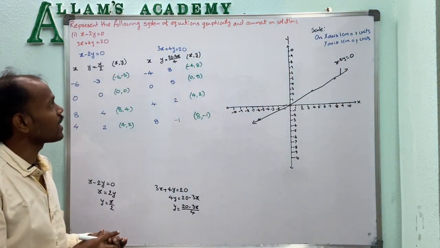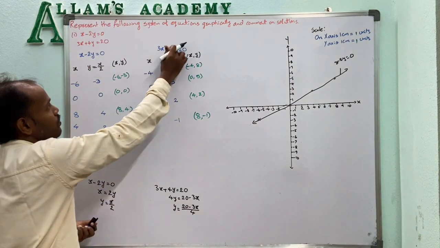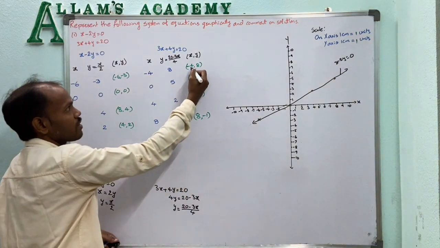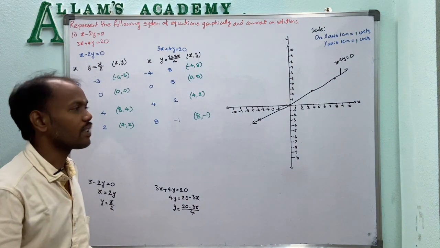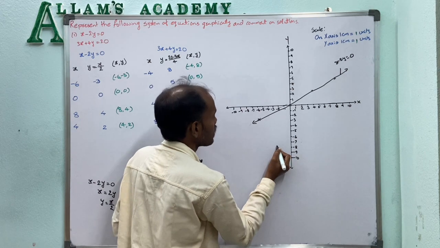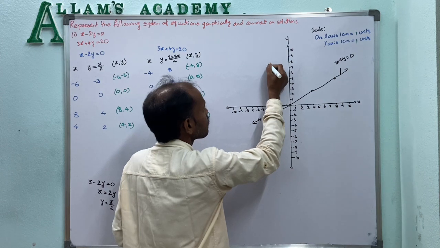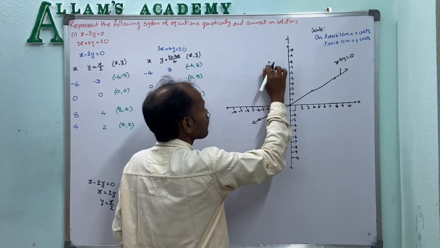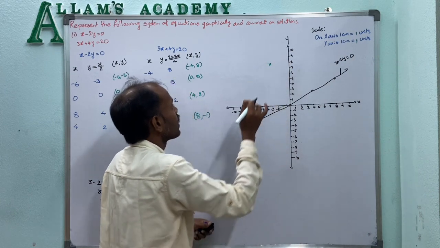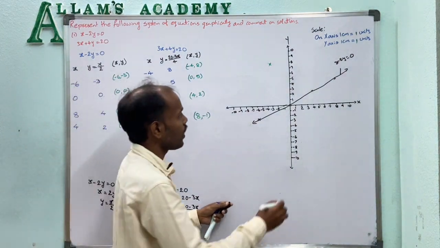Next, the second linear equation 3x plus 4y equal to 20 is located on that graph. The first point: if the x coordinate is minus 4, then the corresponding y coordinate is plus 8. Next, if x coordinate is 0, corresponding y coordinate is 5.